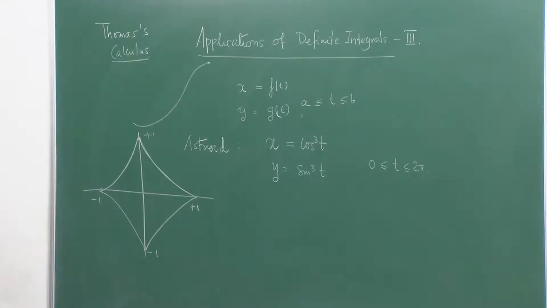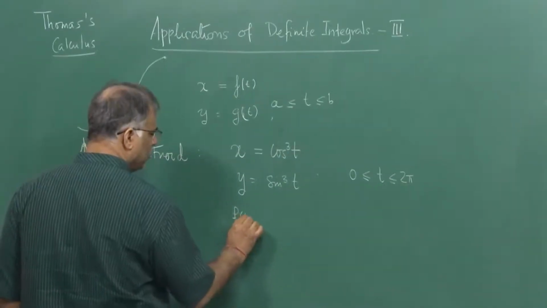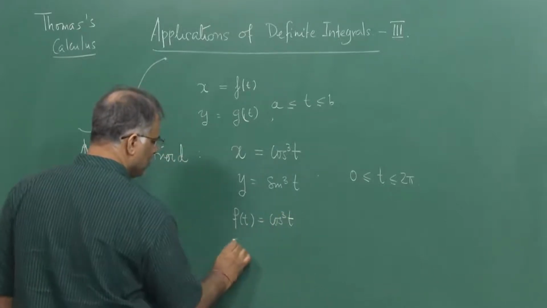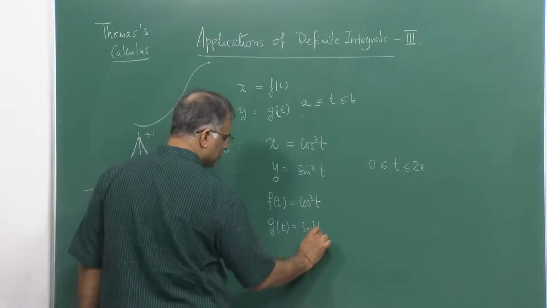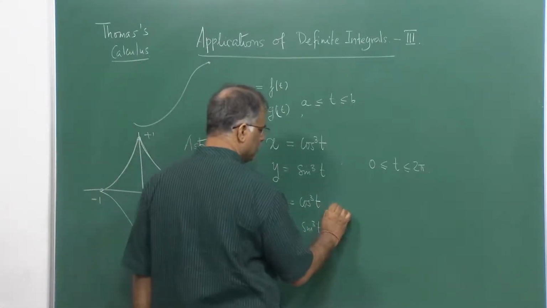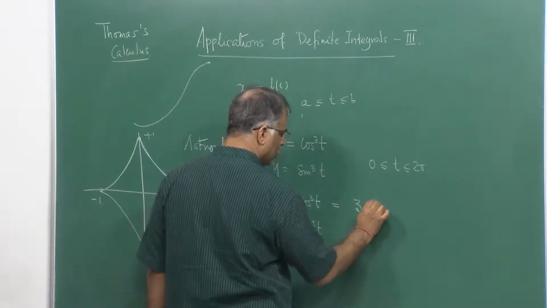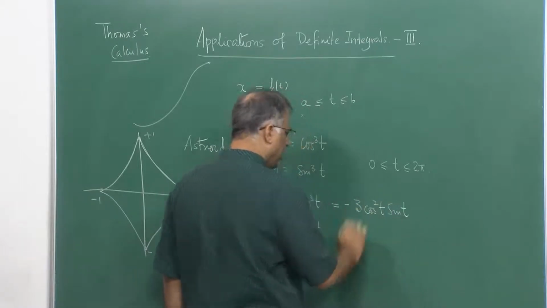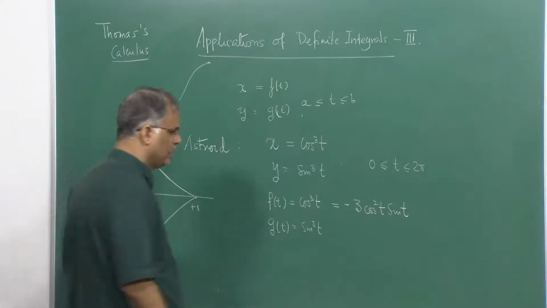So, let me just first find out: f(t) is equal to cos cube t, g(t) is equal to sin cube t. So, f dash t is 3 cos square t and then the derivative of cos t, which is minus sin t.